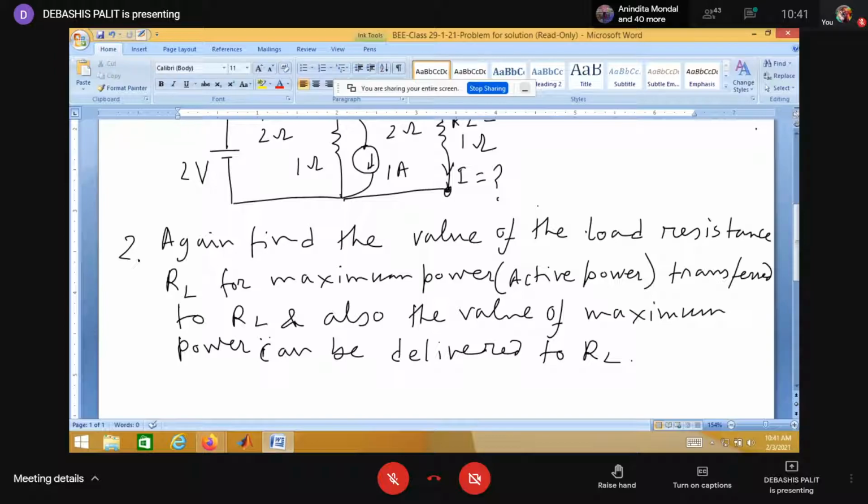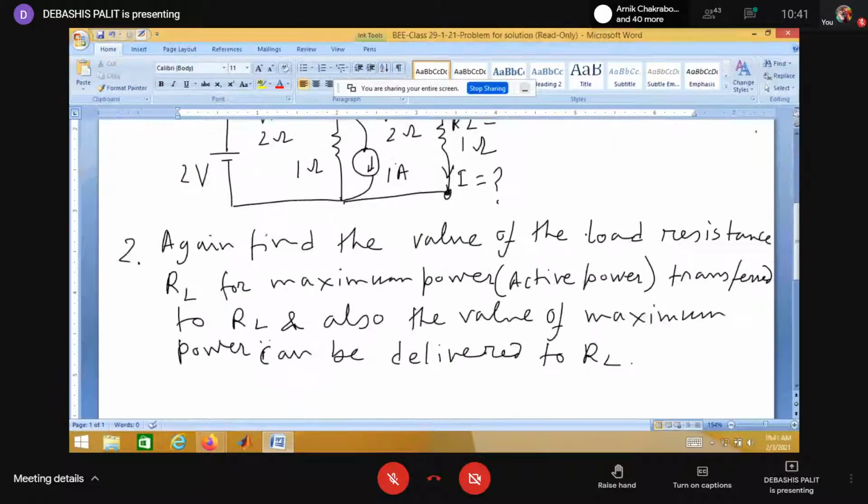That current squared into RL will be exactly equal to the source network resistance, that will be exactly equal to the maximum power that has been transferred to the load network. So that is the solution you can make using the maximum power transfer theorem.